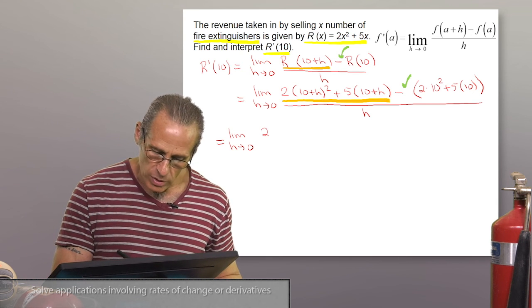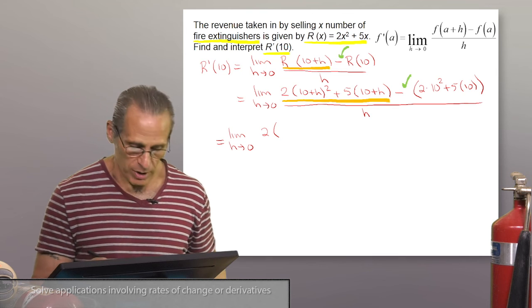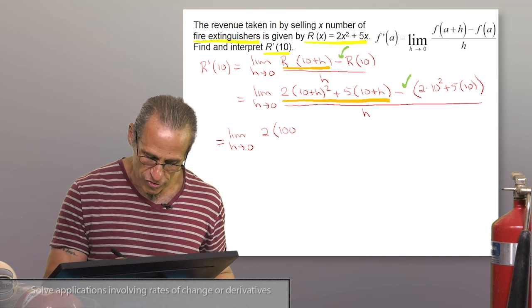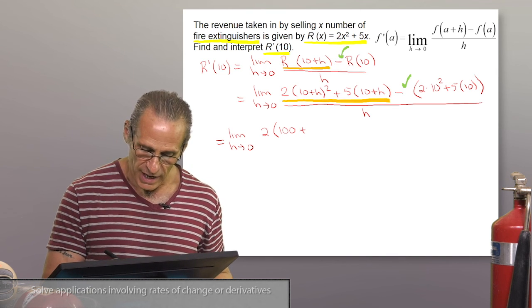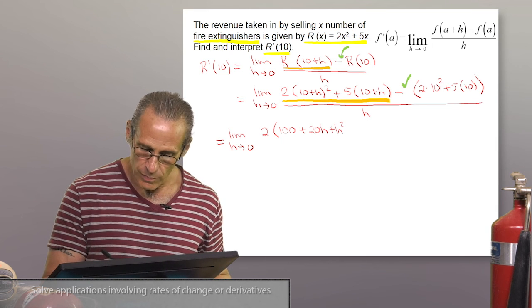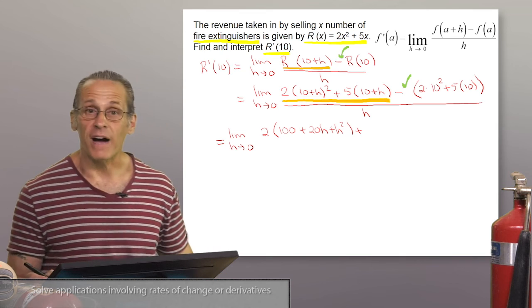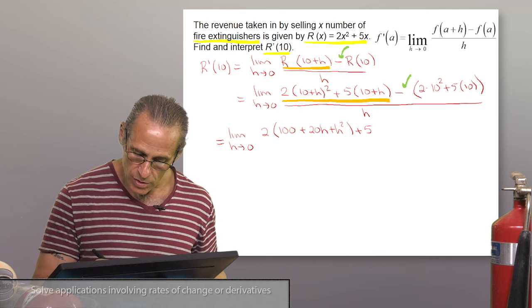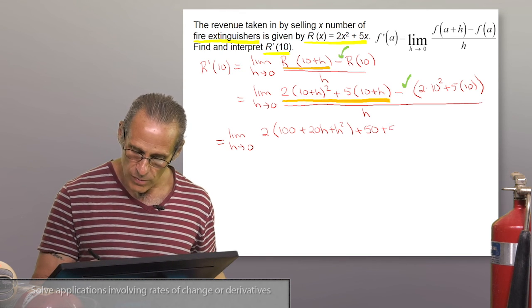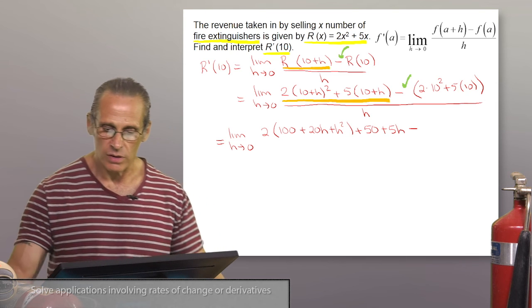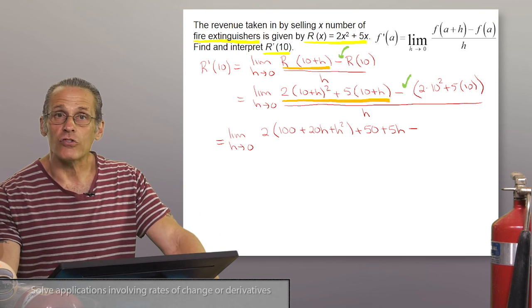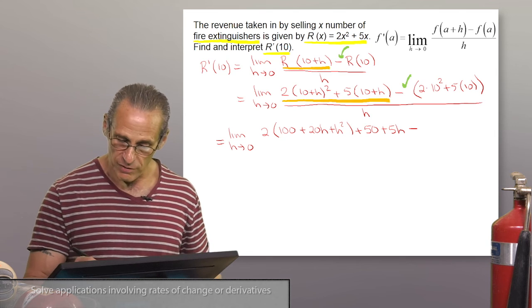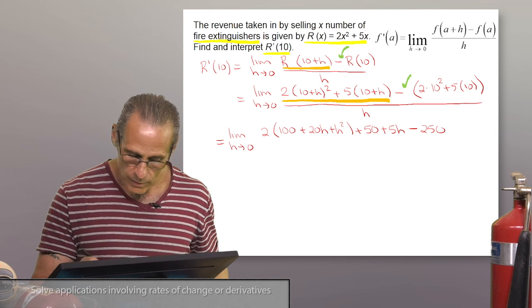So I have the 2. 10 plus h times 10 plus h is 10 squared, or 100, plus double 10h, that's 20h, plus h squared. And then I'm going to distribute the 5, so that's plus 50 plus 5h, minus, now twice 10 squared is 200, plus 50 is 250, over h.